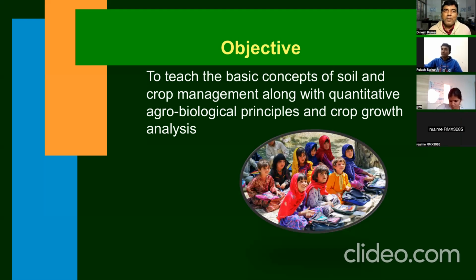So therefore, if I say principles of crop production, if I say principles of agronomy, are they different or are they the same? They're almost the same, or I can say exactly the same.